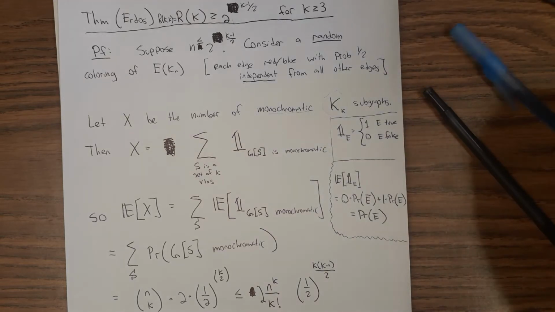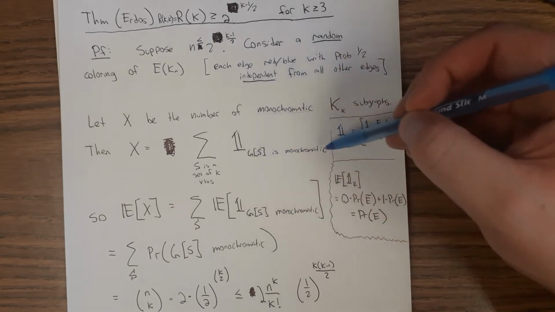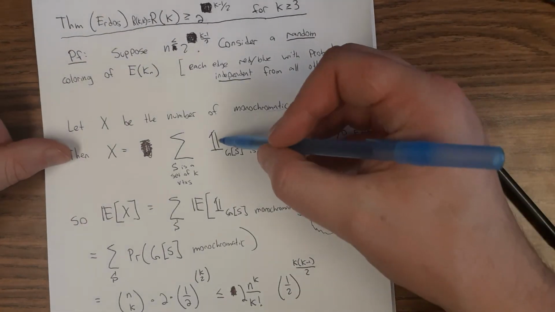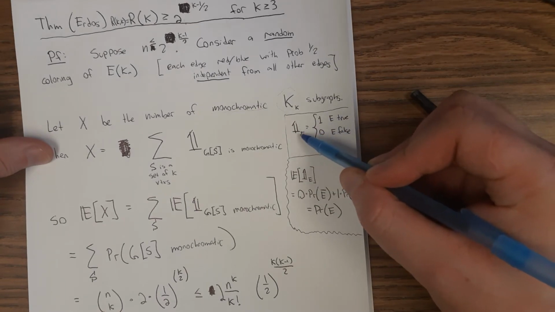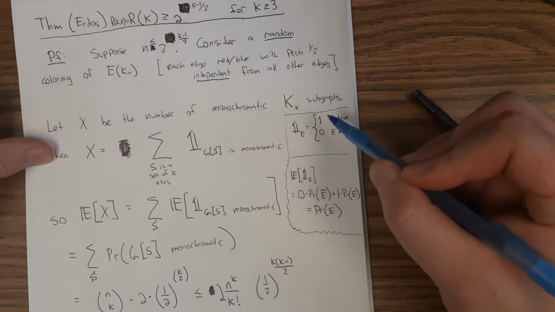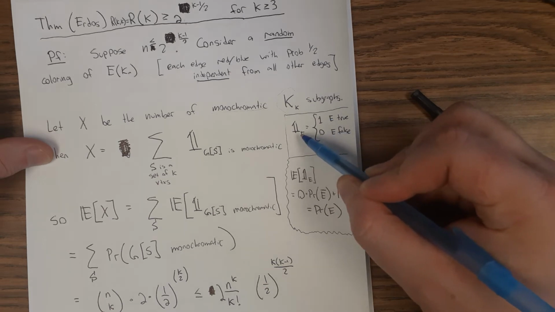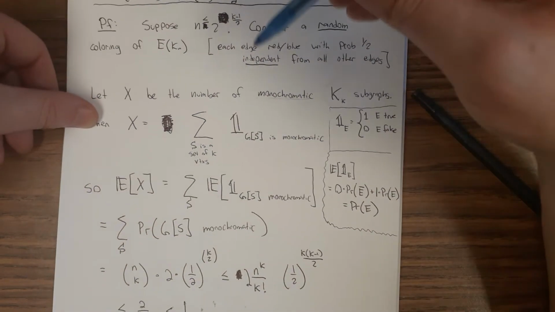And I have this funny looking thing written in here, this bold-faced 1 with a subscript. A bold-faced 1 with a subscript just means it's either 1 or 0. It's 1 if the subscript is a true statement, and it's 0 if the subscript is a false statement. So let me go back to this.